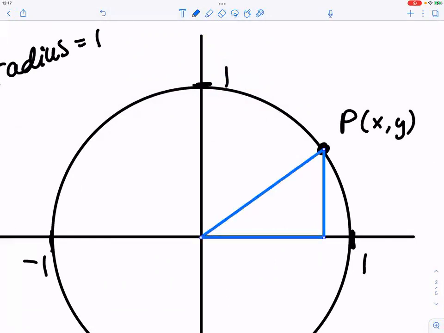And not only do we create a triangle, we create a right triangle. What's the length of the hypotenuse? 1. Okay. And now how should we label our, say, adjacent side right here?